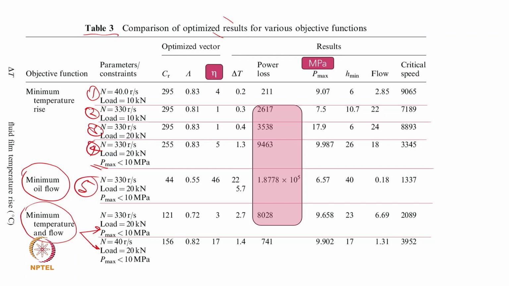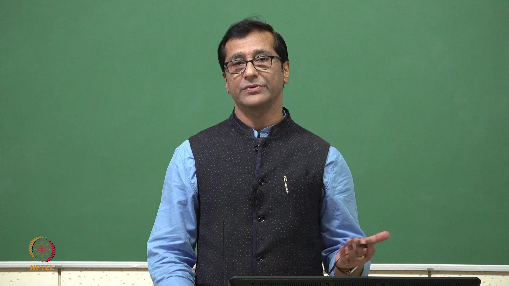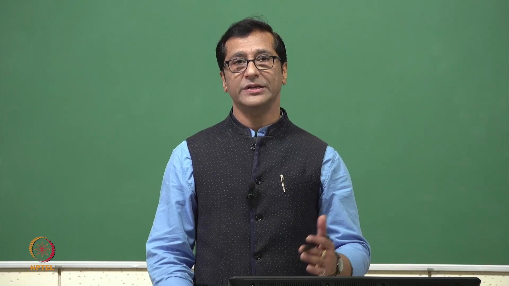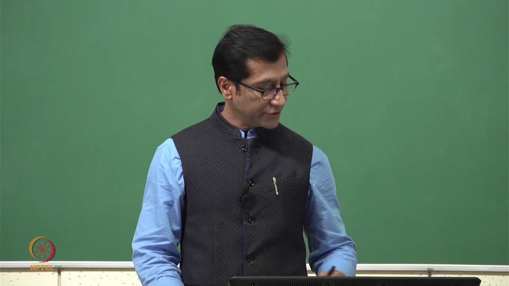If you see in this table, whenever we have a temperature rise to be minimized, oil viscosity is coming down, and where we want minimum oil flow, the viscosity is increasing. That means the oil flow will come down only when there is a higher viscosity.